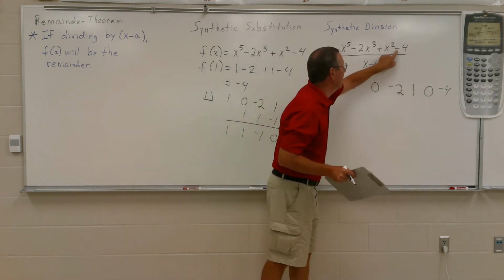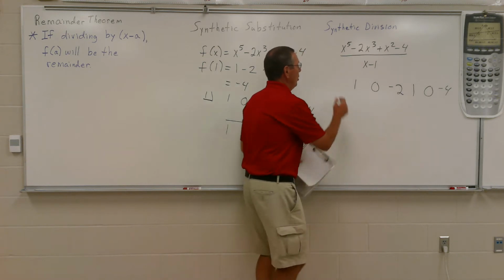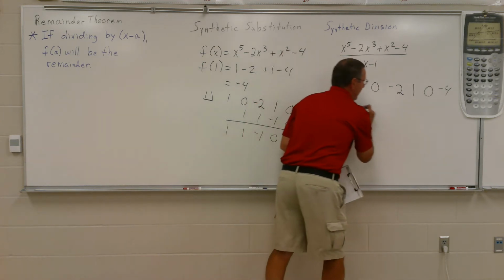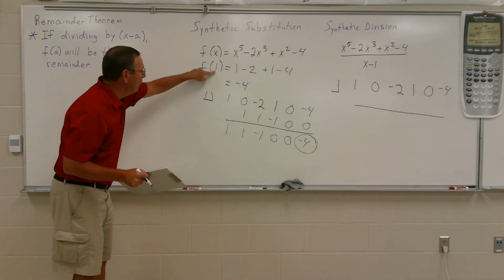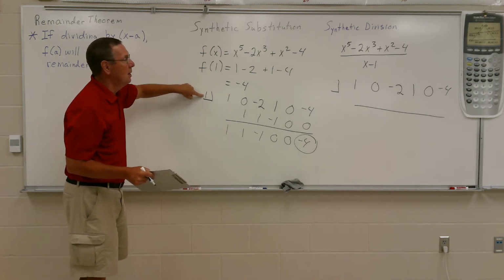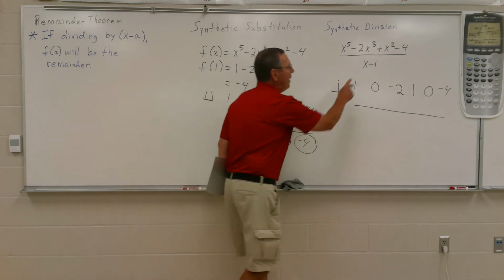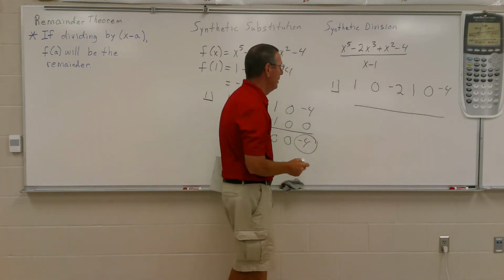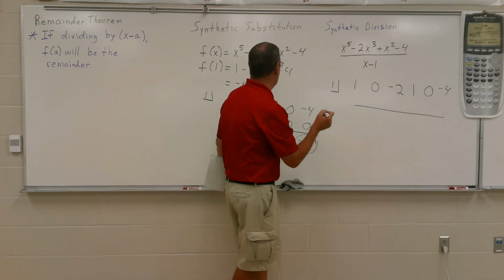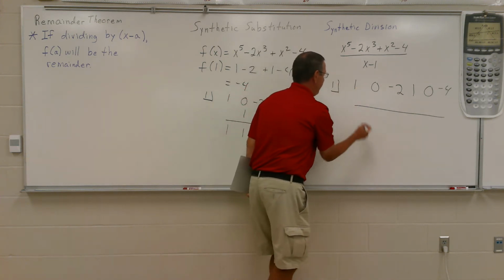Put a 0 there because I have 0 of my x terms. I'm going to put down a box again. Back to synthetic substitution. If we were finding f of 1, I put 1 in the box. With synthetic division, if they're dividing by x minus 1, then we're going to put a positive 1 in the box. I'll go through the same thing I just did over here.